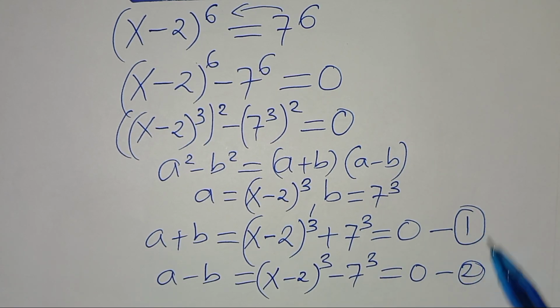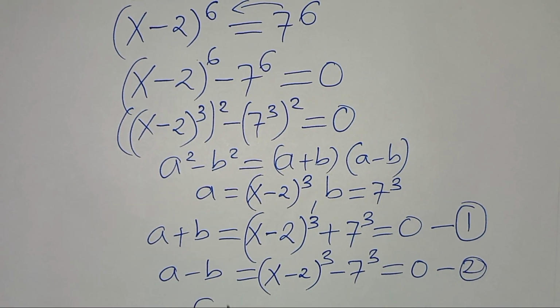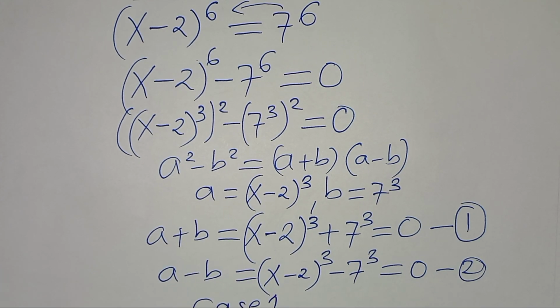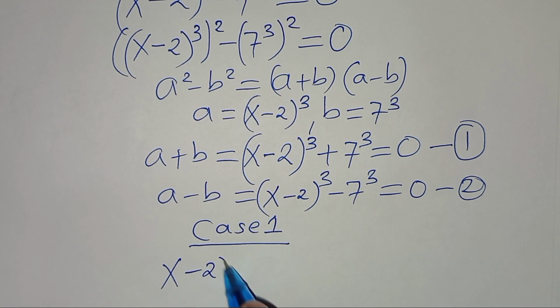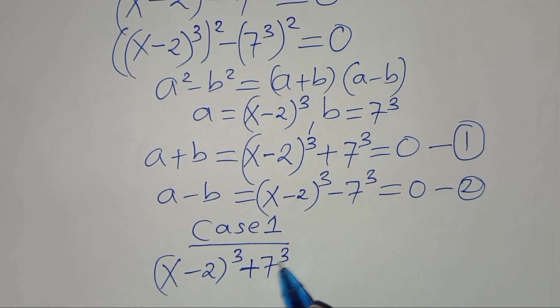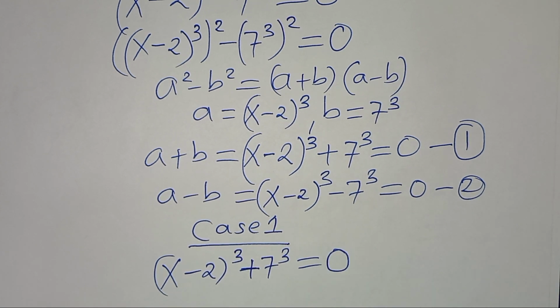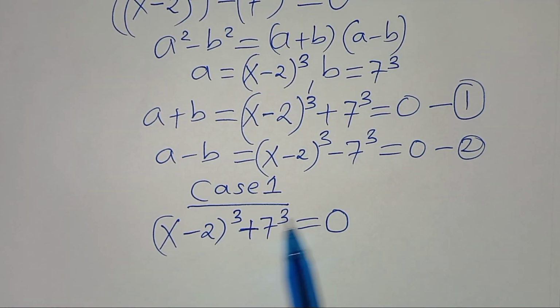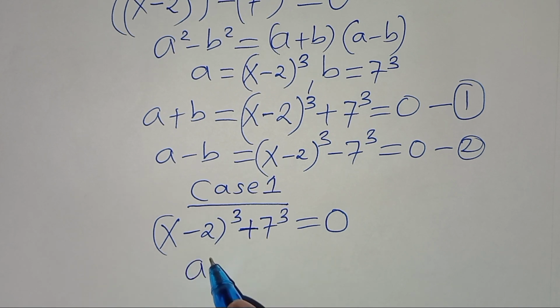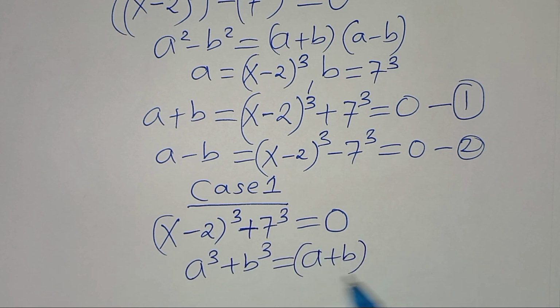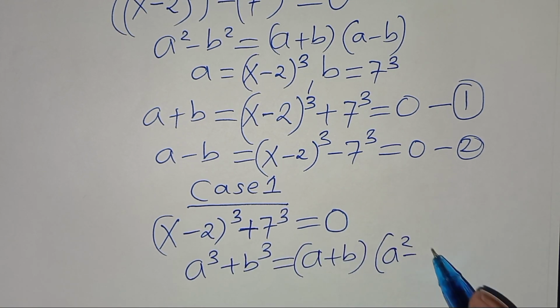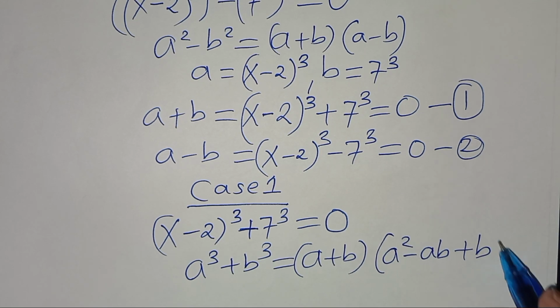So let's start with equation 1. I will call this one case 1. Case 1 here, this is (x − 2)^3 + 7^3 = 0. Now we find that this is the sum of two cubes, a cubed plus b cubed, which you can express as (a + b)(a squared minus ab plus b squared).